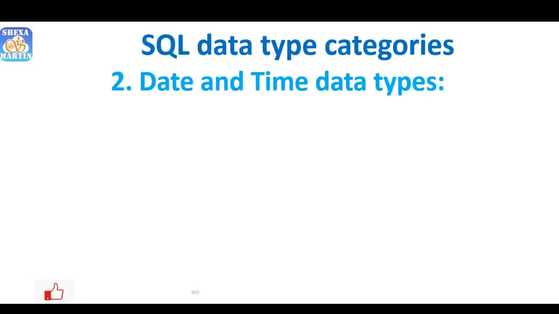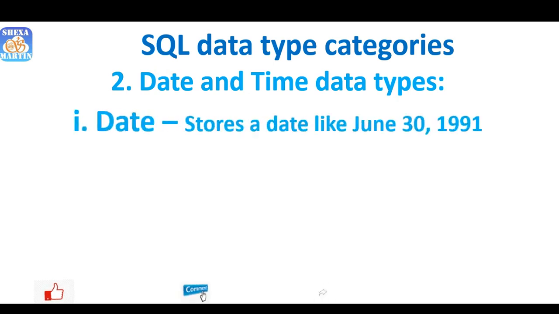Let's talk about date and time data types. Here we have the date data type. This stores a date like maybe June 30, 1991, or any kind of date. It takes any date, but this date is an SQL date.